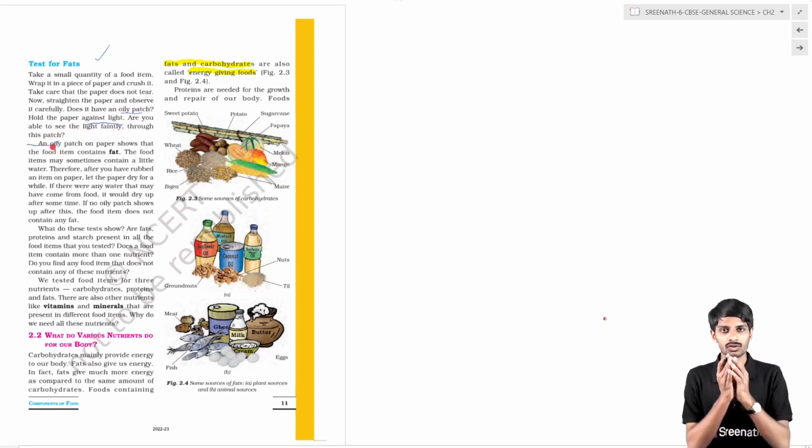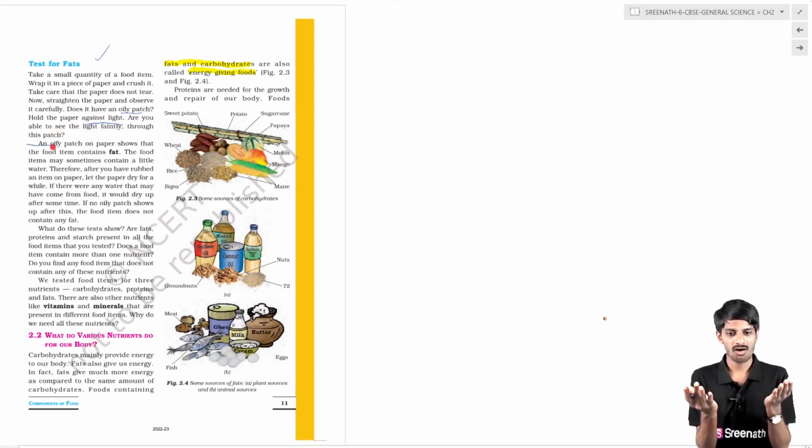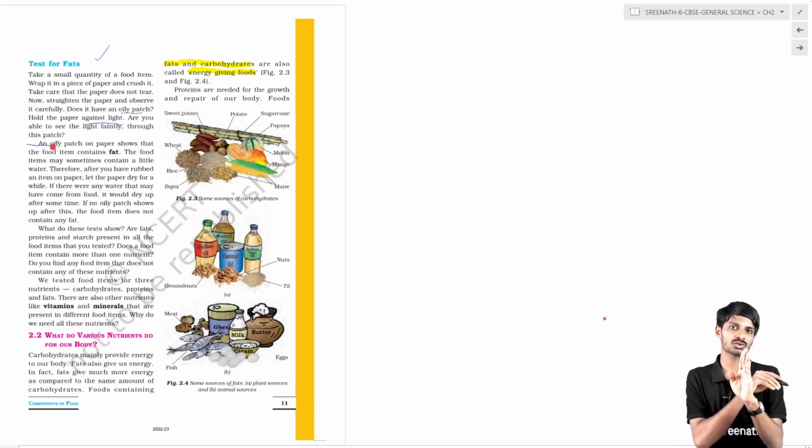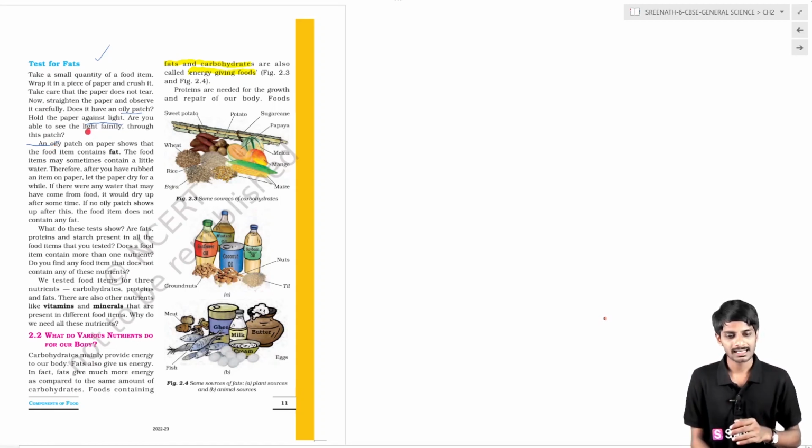The light should pass through faintly, not perfectly; faint transmission is sufficient. Then we can say the food contains fats.